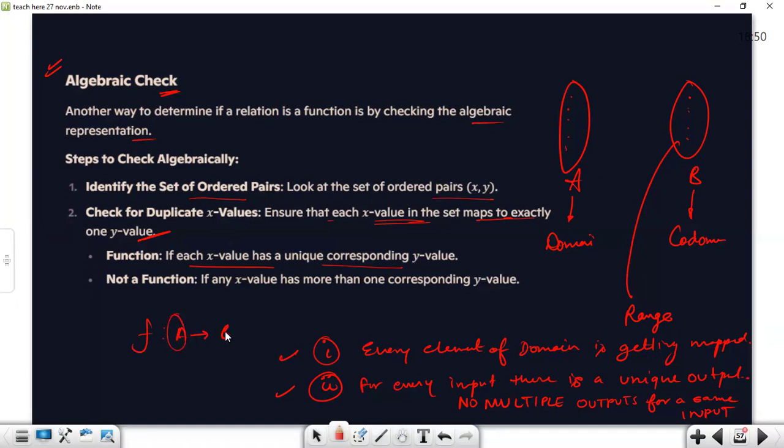This set A is the domain, this is the codomain. The elements which are getting mapped in the codomain are the range. So it may happen that some elements in the codomain are not getting mapped. No problem with that. It's just that every element in the domain, that set A, has to be mapped. That's the condition. Any doubt?